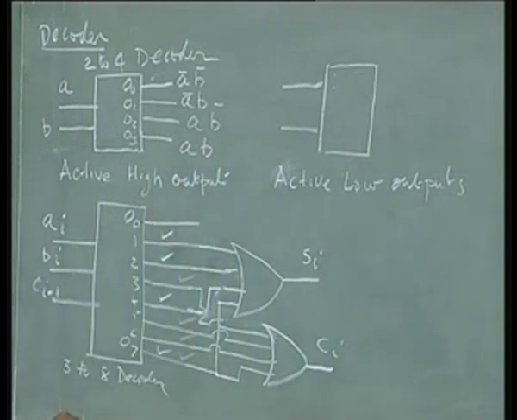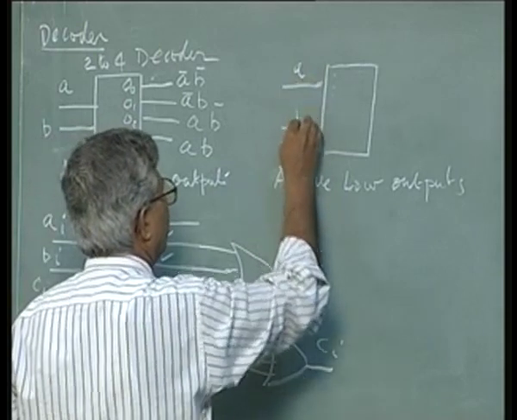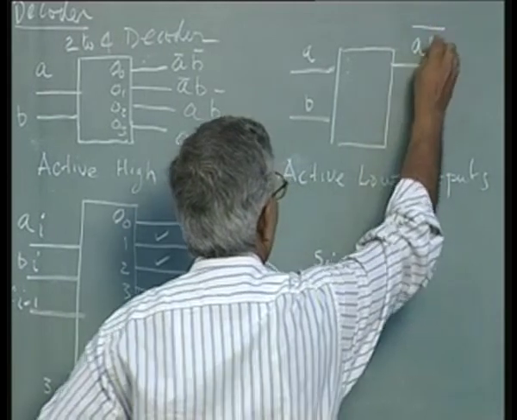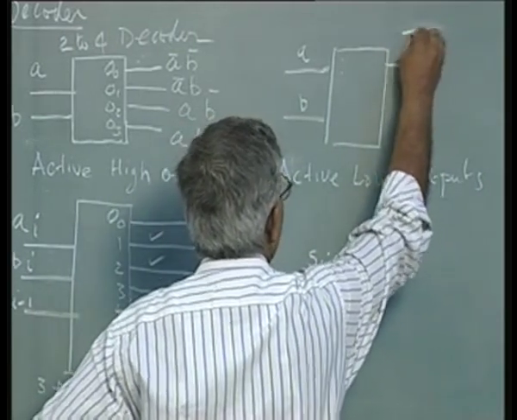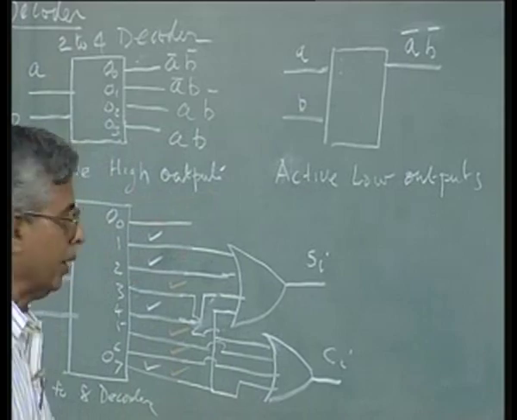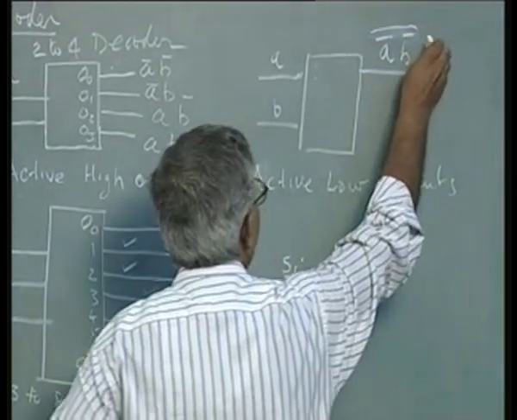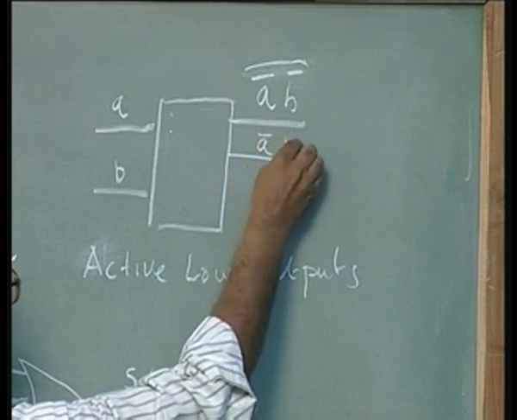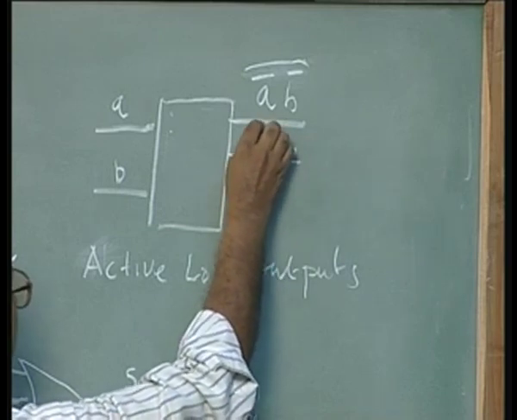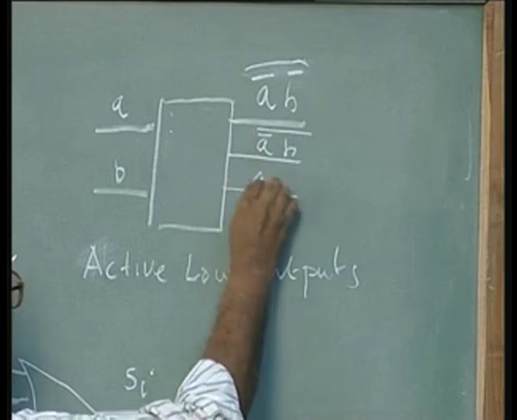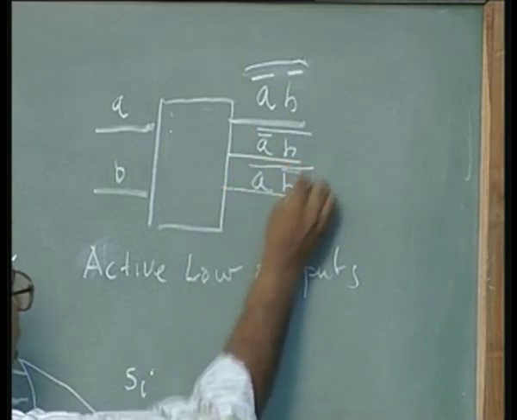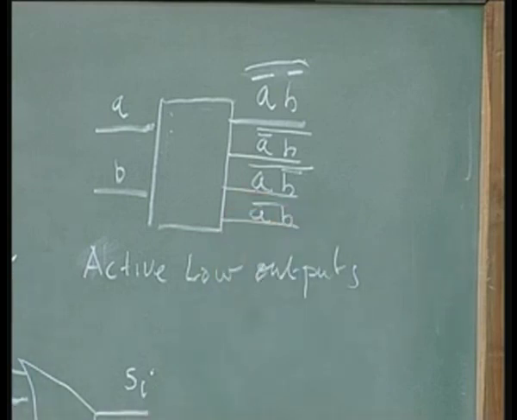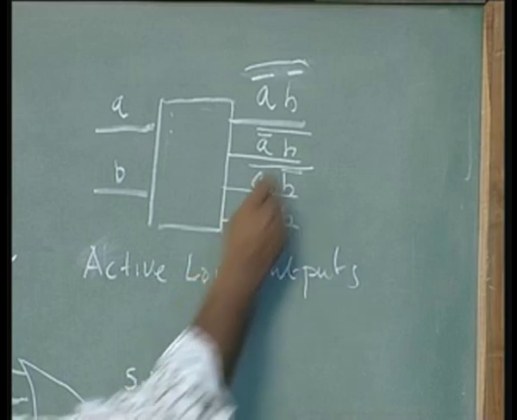When you go to active low outputs, for A and B, this will be A bar, B bar, and so on.